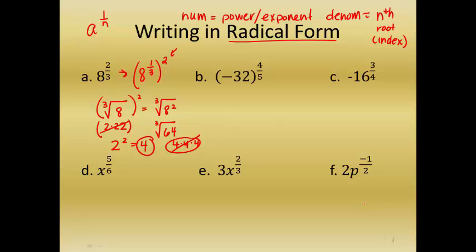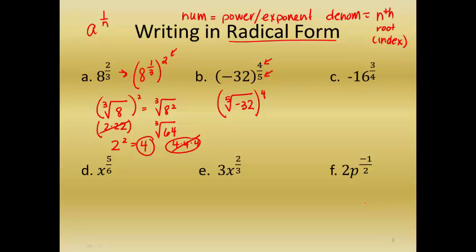All right, the next one. This is identifying this as a 5th root that's being raised to the 4th power. So the first thing we're going to do is write this as the 5th root of negative 32. Then you can choose to put the 4 on the outside or the 4 underneath. I prefer the 4 on the outside only for my thoughts, but I like the look of the 4 on the inside because it looks cleaner to me.